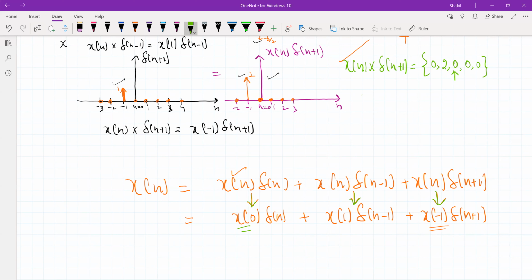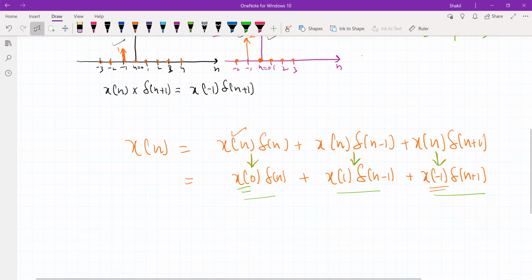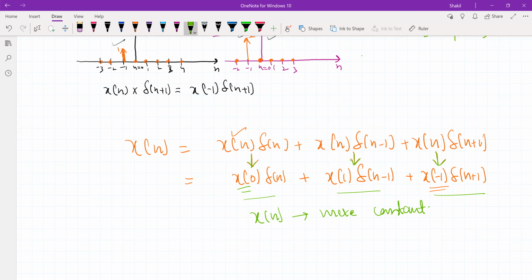Once you multiply x of n with any delta sequence, be it delta n or its shifted versions, the x of n is merely a constant now. That's very important. Once you apply this multiplication operation, x of n does not remain a sequence on the right hand side. Remember, it's merely a constant.